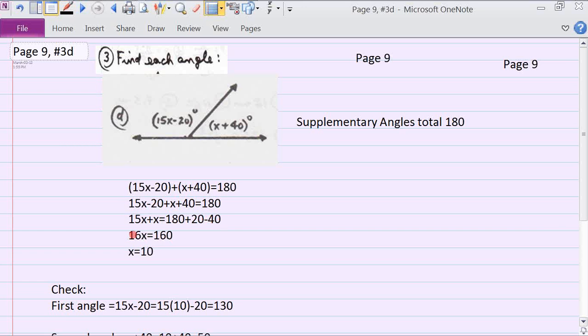So I have the variable on the left and the number on the right. 15x plus x gives me 16x. 180 plus 20 gives me 200. 200 minus 40 gives me 160. If 16x equals 160, I divide the left side by 16, and I divide the right side by 16.